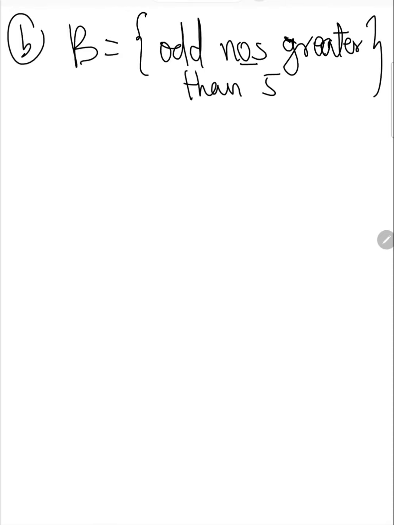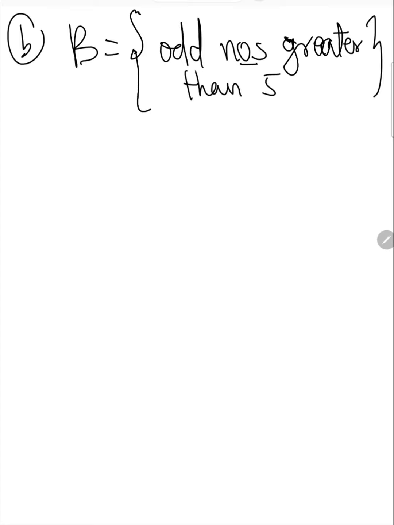Okay. Now let's look at another question. So the same preamble. So number B. Let's look at B is equal to odd numbers greater than 5.